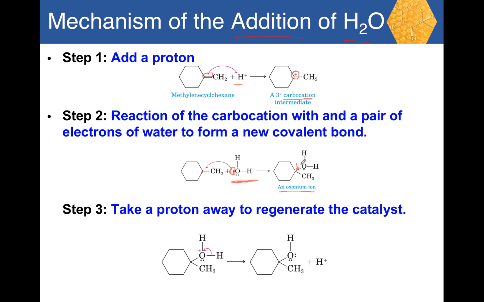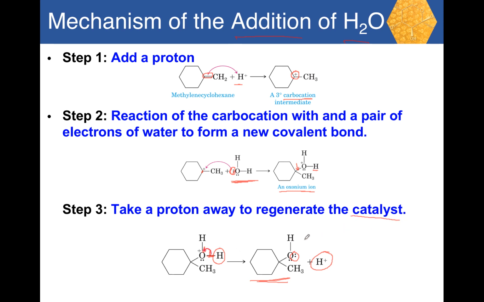Here we have three bonds, so we'll have to get rid of one of these hydrogens, and here's how we get rid of it, using these two electrons to put those electrons onto oxygen, and here they are, to generate our neutral molecule, and here is the H plus that's left behind, and that is our catalyst.